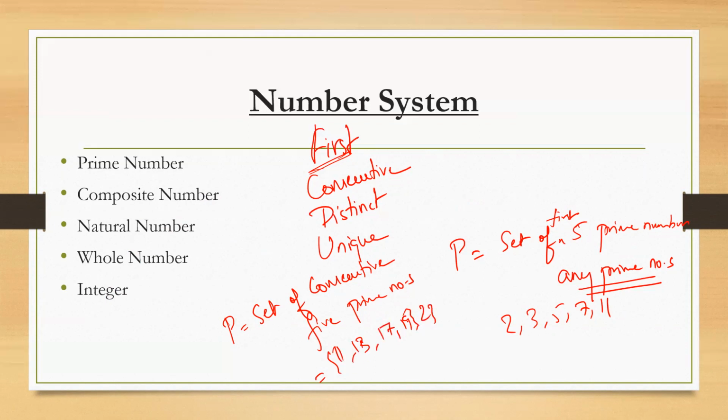So when I say it is set of consecutive 5 prime numbers, I only mean once I start with a prime P, then I have to go for the next prime number. Here it is not necessary that the first prime number has to be 2 or it has to be 3 also. It can be any prime number and then consecutive prime numbers.